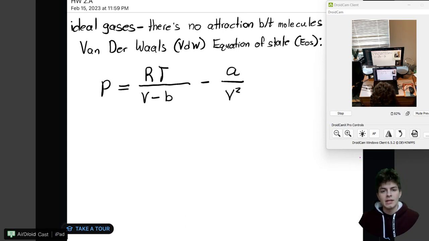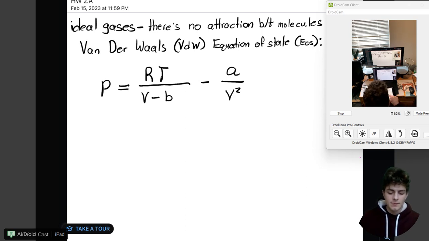Now, A is going to represent some sort of average attraction between the molecules in our substance, and B is going to represent the actual space that our molecules are taking up, hence its subtraction from the specific volume. So, with those two new constants defined, it's time to start looking at what this will do for us in a more applicable sense.